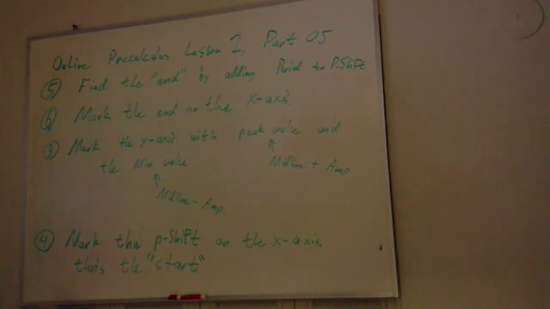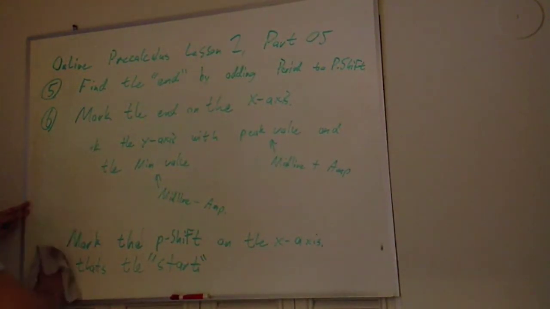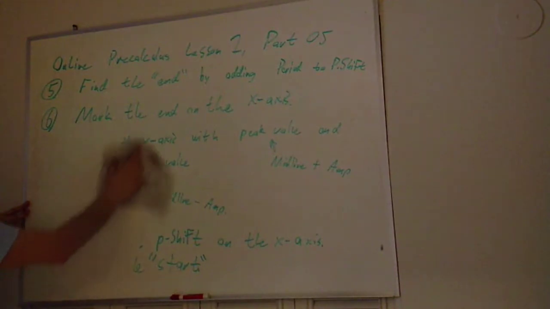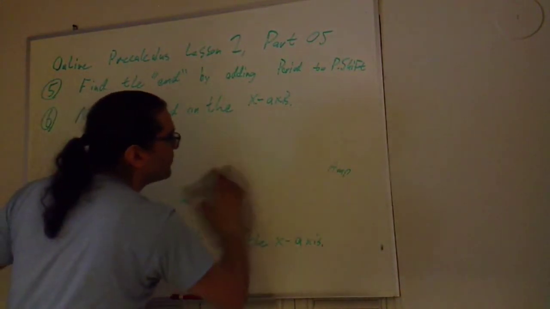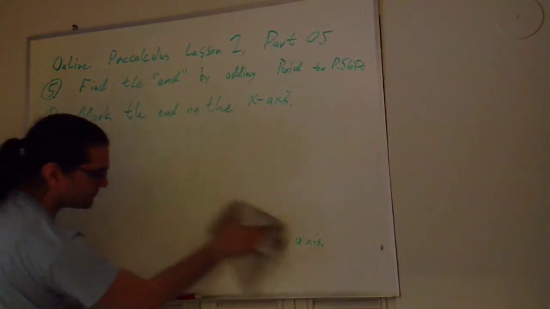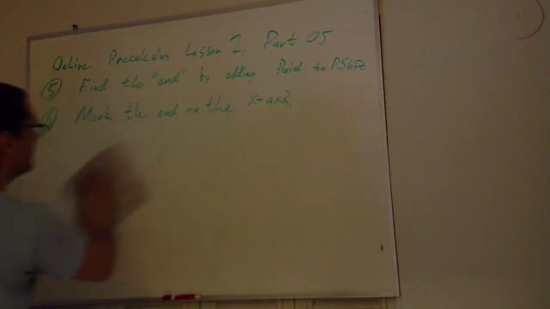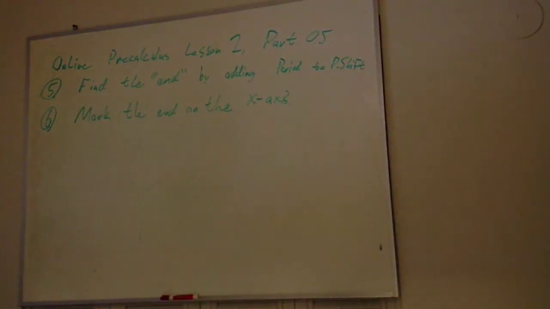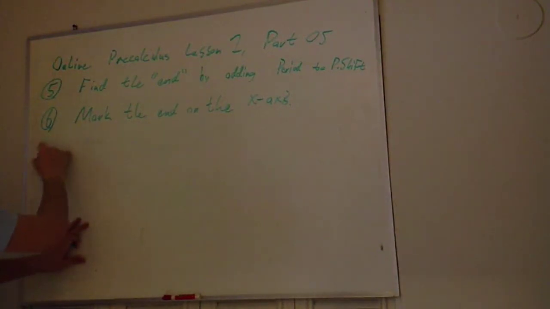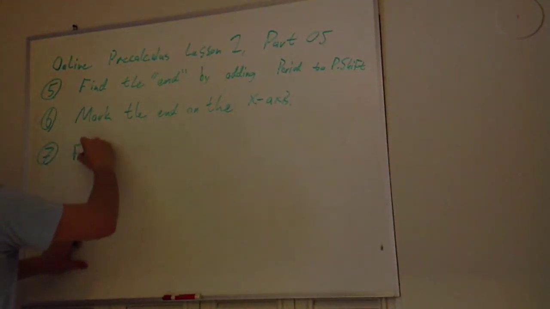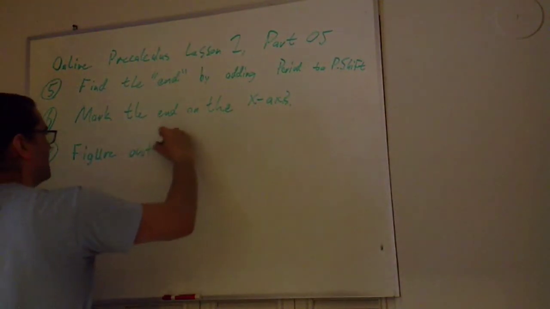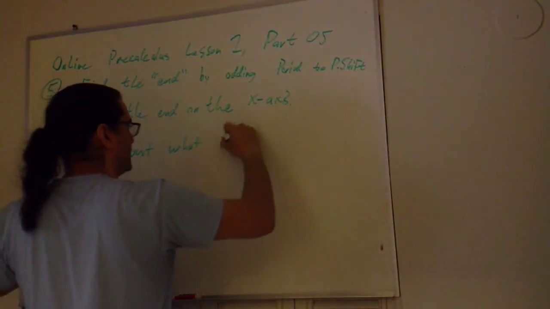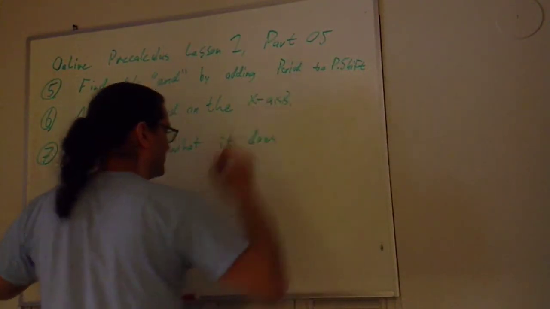And the last thing we need to do is just figure out what it does within that range by looking at what kind of function it is. So I'll say 7 is figure out what it does.